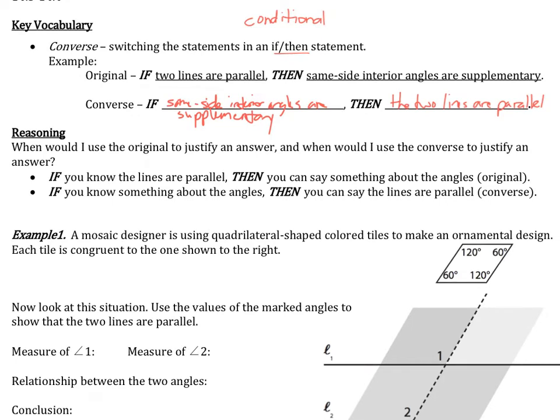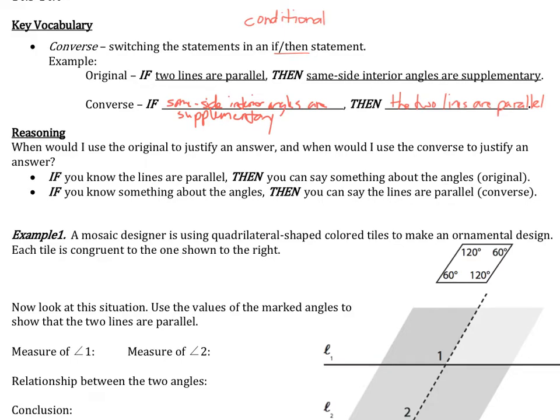If you know they're parallel from the graph, from the diagram, or from information in the text, then you know that the angles are supplementary or congruent, depending on what they are. The converse would be if you can prove that those angles are supplementary or congruent, then you can verify that the lines are parallel.